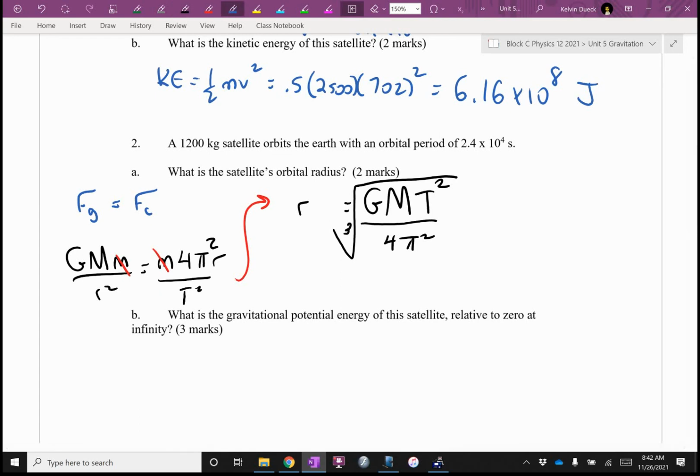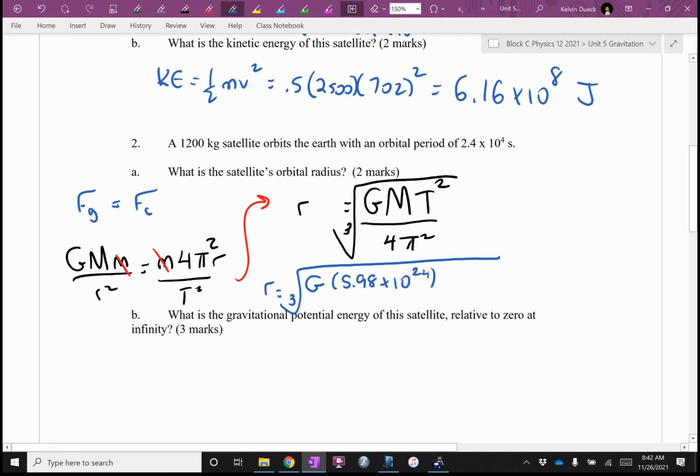Going to be a lot of typing. R equals the cube root of big G, 5.98 times 10 to the 24th, 2.4 times 10 to the 4th squared, all over 4 pi squared.